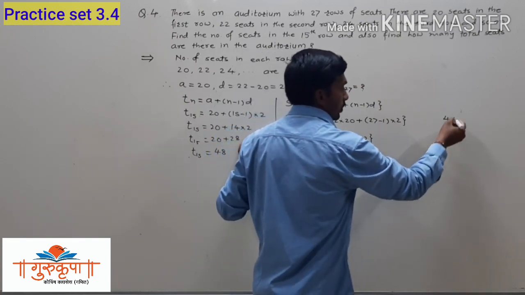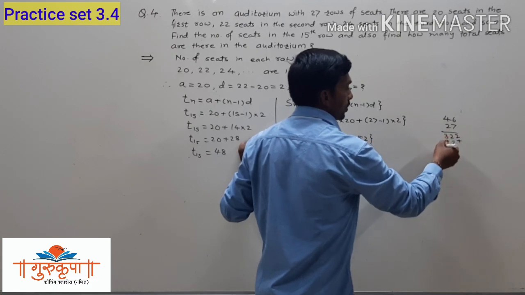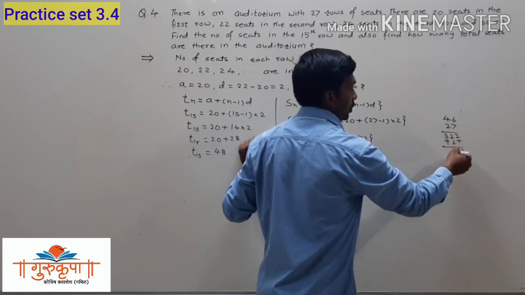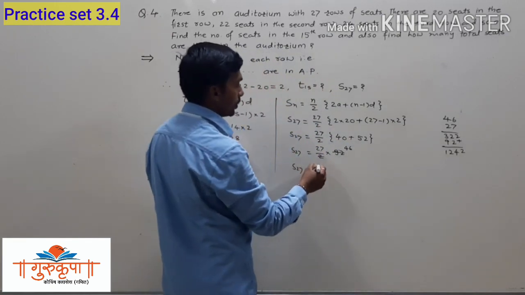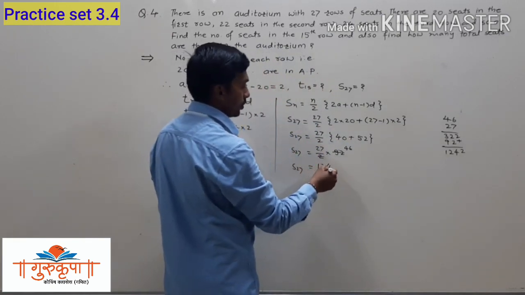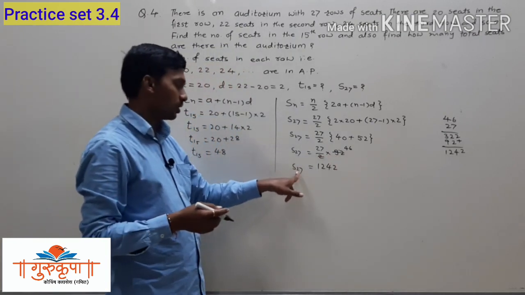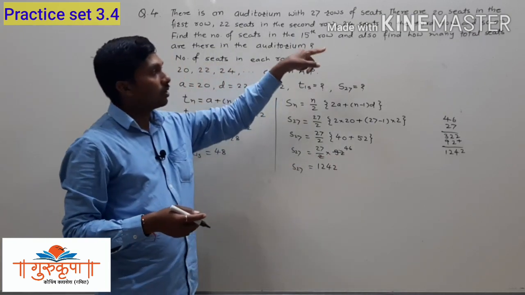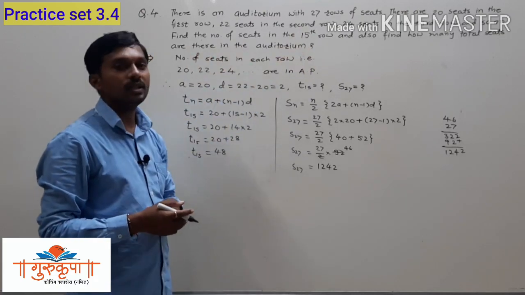Then we multiply 46 by 2: 2 sixes are 12, 2 fours are 8 plus 1 is 9, this 2 remains as it is, 2 plus 2 is 4, 9 plus 3 is 12. The product is 1242. 1242 is the total number of seats in the auditorium.